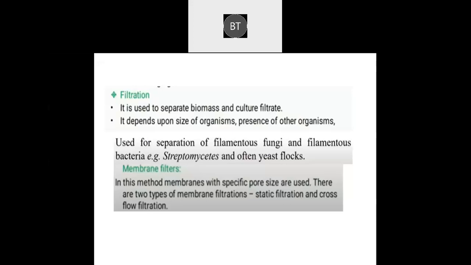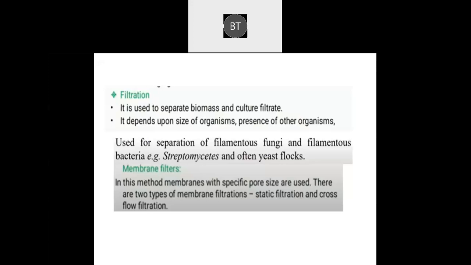There are several filters, such as depth filters, absolute filters, rotary drum vacuum filters, and membrane filters. Of course, we'll not go into all the filters, but we shall look into the membrane filter.